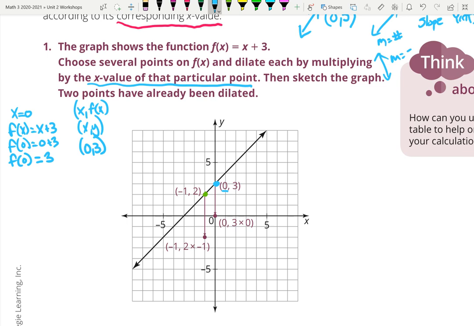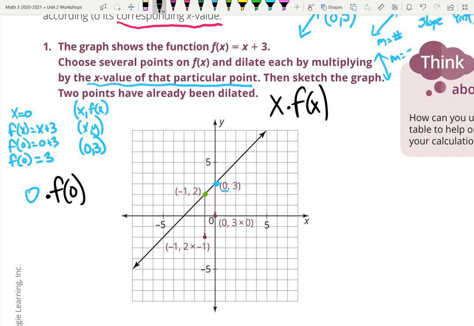Now what we're doing is we are taking our equation and multiplying it by x. We are dilating it by x. So what I need to do is take x and multiply it by my rule. In this situation, what is the value of x? It is 0. And I'm going to be multiplying it by f of 0.